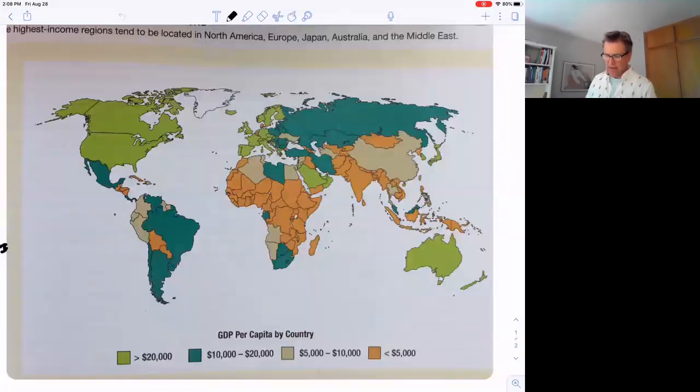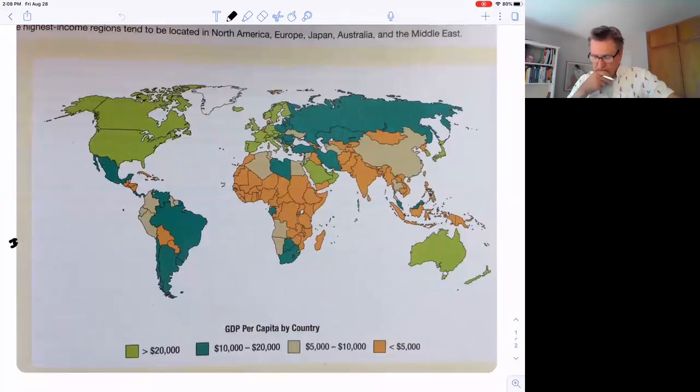If we look at GDP per capita, which means output per person, we'll get into that later in another lecture. Here's a map of the world. Essentially shows the richer countries, who's richer and who's not. The light green areas are the wealthiest. Then the dark green areas, then these gray areas, then the brown areas.